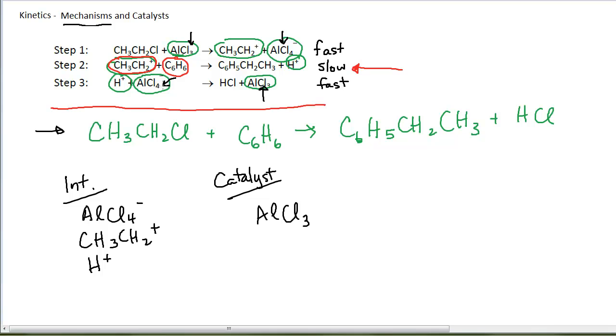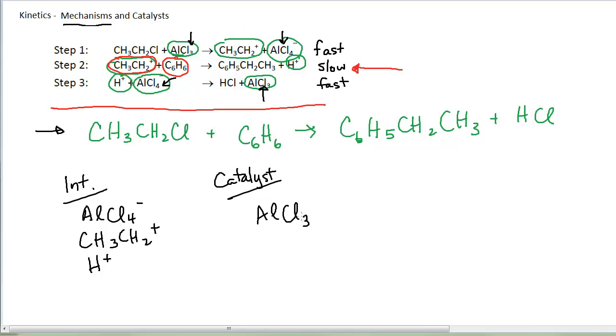Now typically we don't write experimental rate laws with respect to intermediates, but we can see that the intermediate is related to the CH3CH2Cl consumption in this first step. So the production of it is related inversely to the consumption, if you will, of this. And so we can see if our experimental rate law is related in such a fashion.